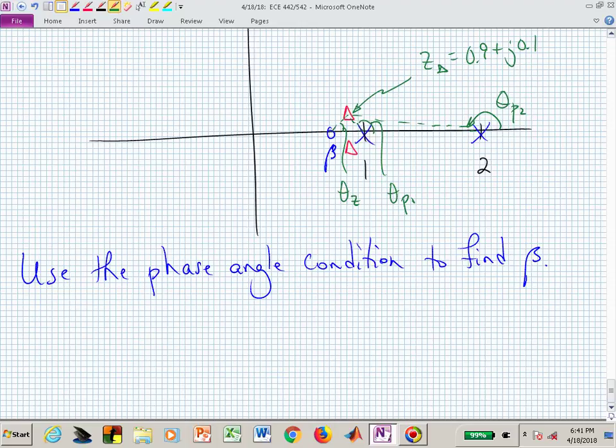We have three angles, and we're interested in their algebraic sum. The phase angle condition now says that theta z minus theta p1 plus theta p2 must be minus 180 degrees.